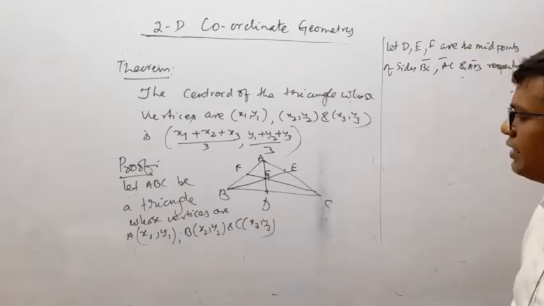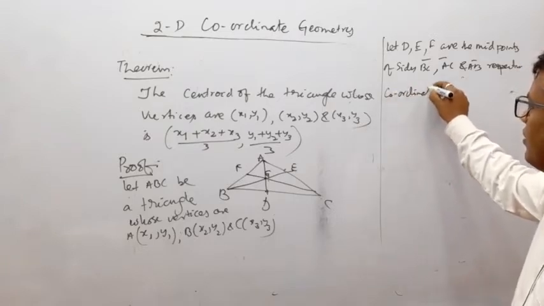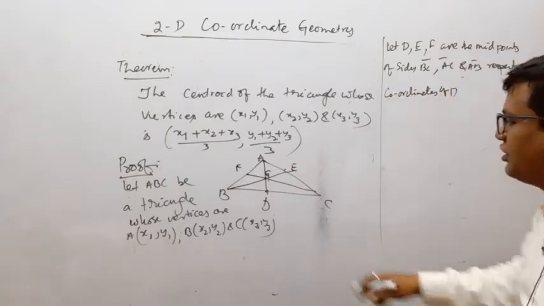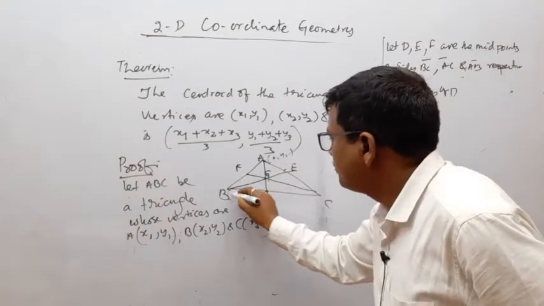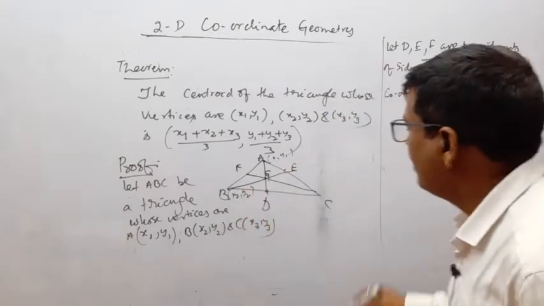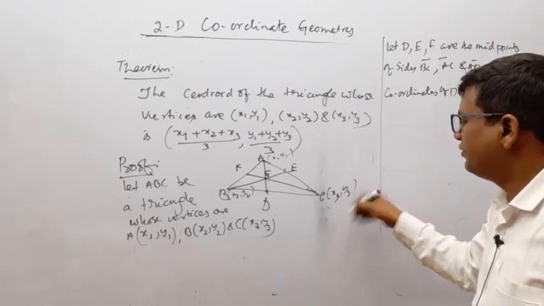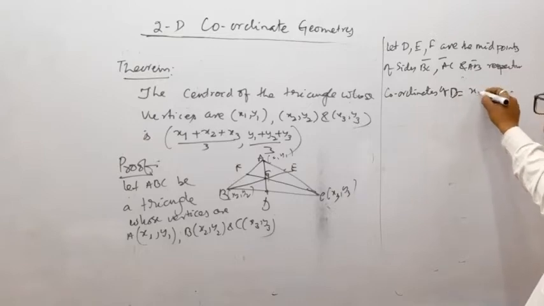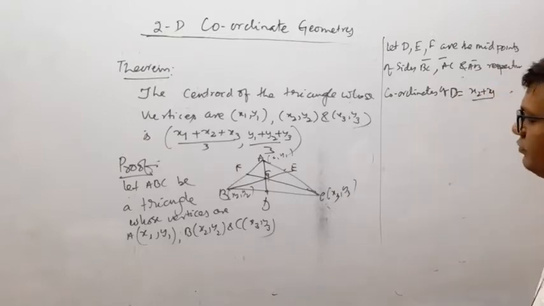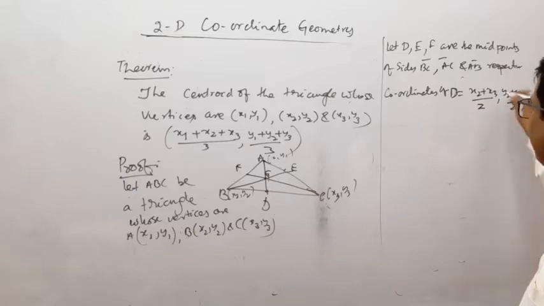Now the coordinates of D. This point is x1 y1, this point is x2 y2, and C is x3 y3. Now the coordinates of D are x2 plus x3 by 2, y2 plus y3 by 2.